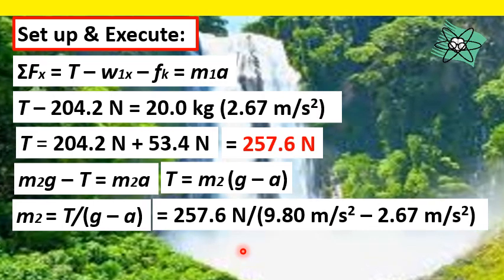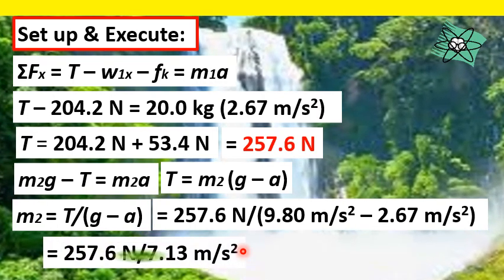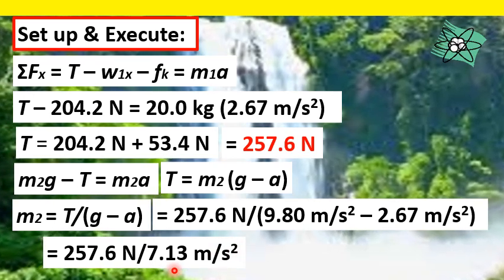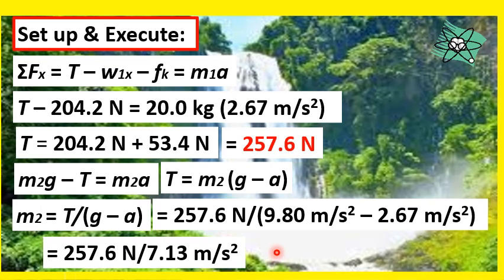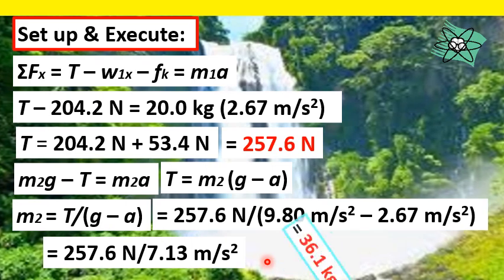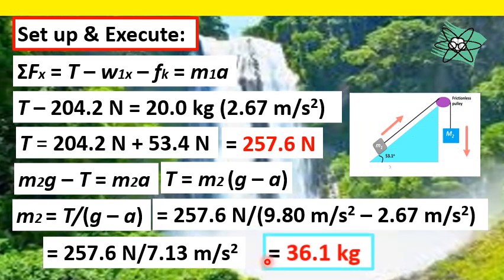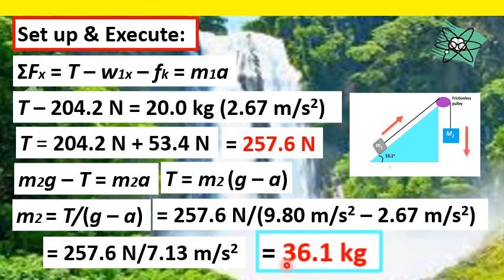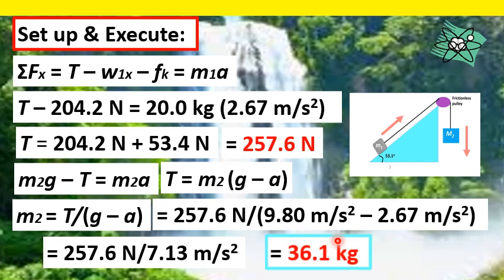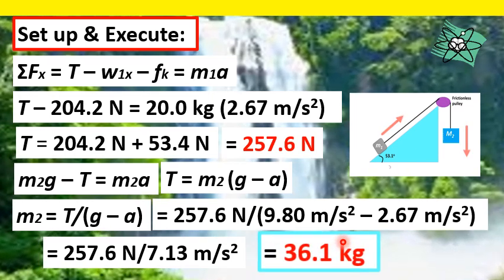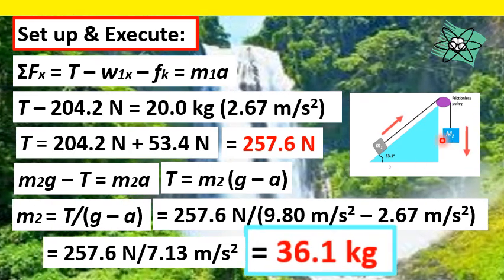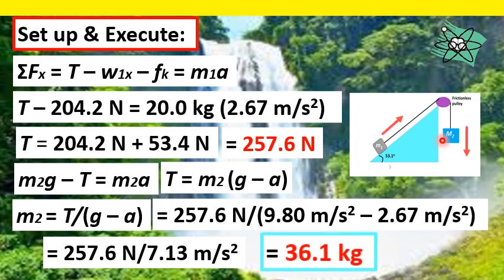Doing our math, we get M2 equals 257.6 newtons divided by 7.13 meters per second squared. So finally, we get the value of the mass M2 in three significant figures. It is equal to 36.1 kilogram.